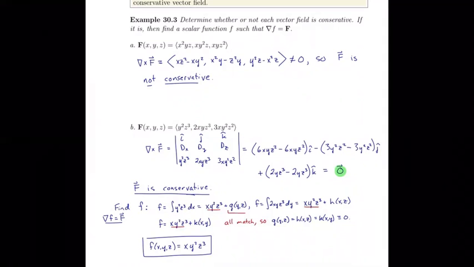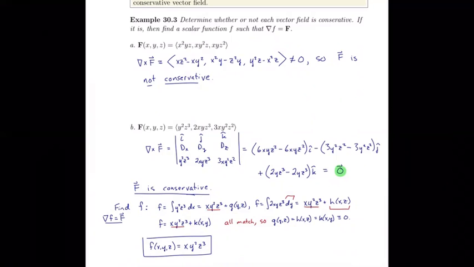Remember that we're going to add g of y, z, because there could be some function of y and z that did not include an x in its argument, or in the definition of its function, that could have been zeroed out by the partial differential operation that got us this first component of capital F. So instead of a constant of integration in all of these, we have this function of integration that was constant with respect to the variable of integration.